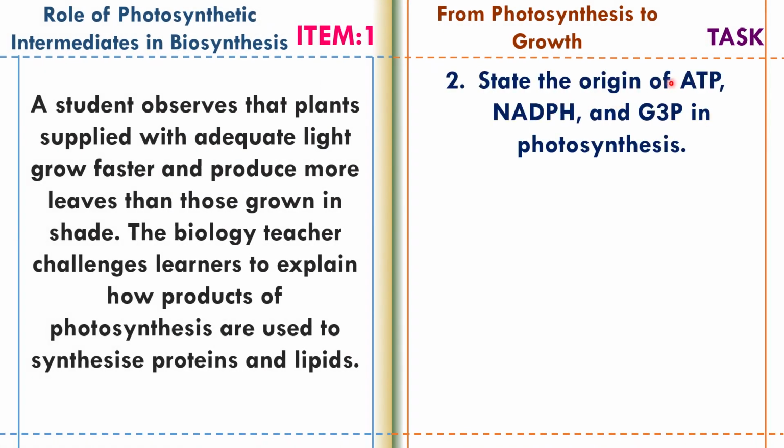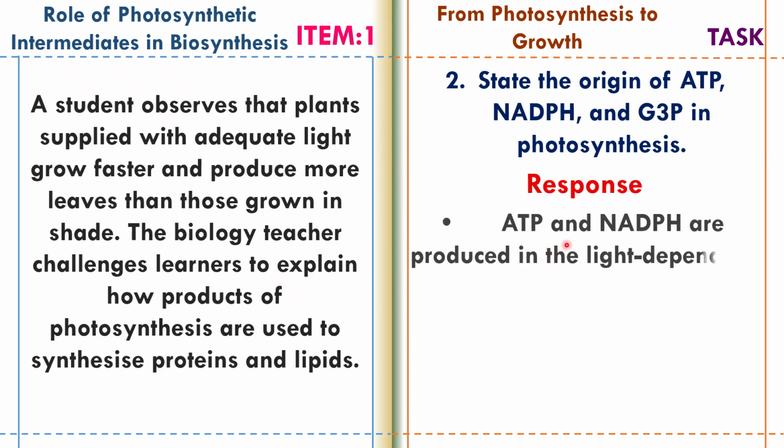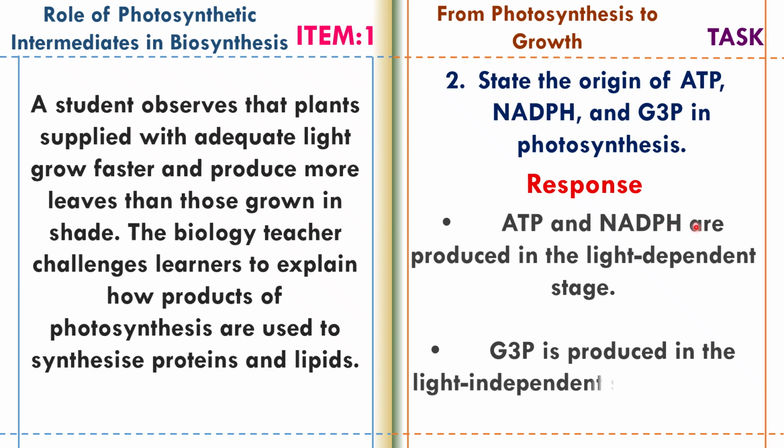State the origin of ATP, NADPH, and G3P in photosynthesis. ATP and NADPH are produced in the light-dependent stage. G3P is produced in the light-independent stage, the Calvin cycle.